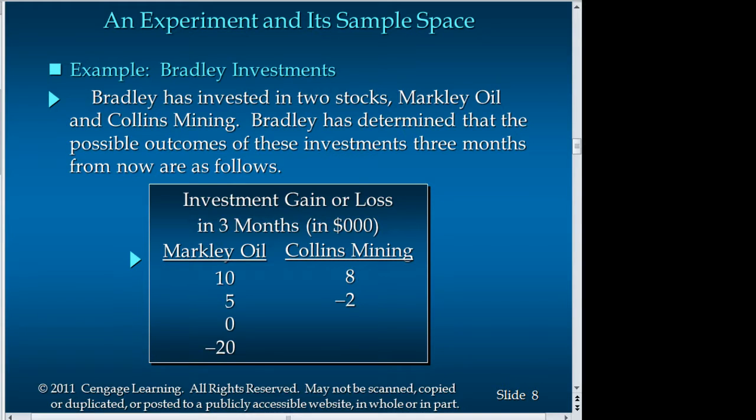Okay. Now let's talk about probability in a business case. We're going to use this example over and over again, so it's a good idea to take a close look at this example. Bradley has invested in two stocks, Markley Oil and Colin Mining.